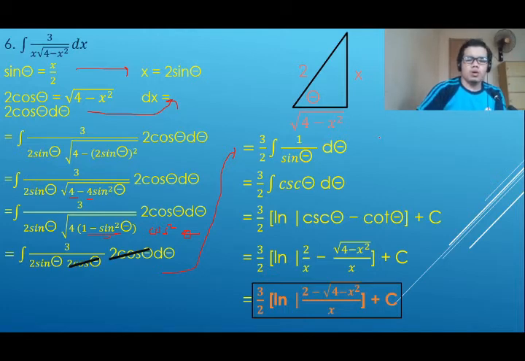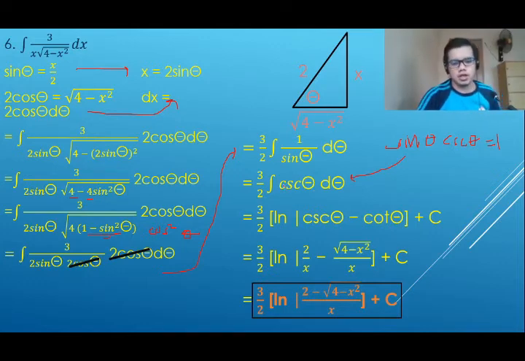Remember the trigonometric identity, 1 over sine theta times sine theta equals 1, so 1 over sine theta equals cosecant theta. Now this becomes 3 halves the integral of cosecant theta d theta.